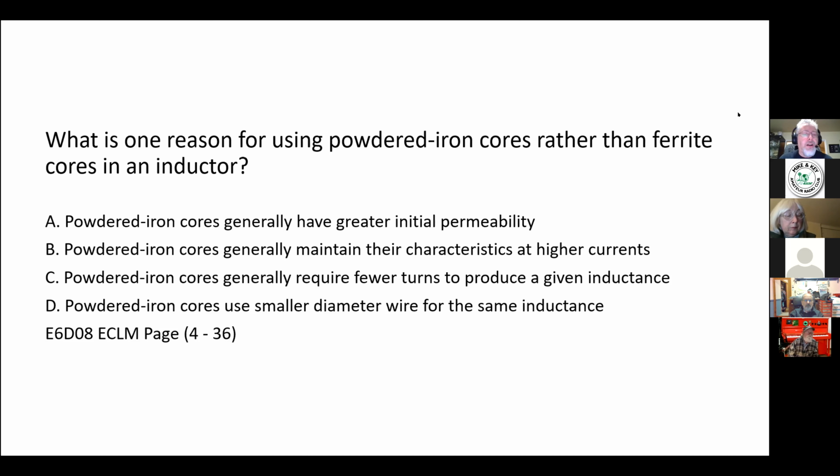C, powdered iron cores generally require fewer turns to produce a given inductance. Or D, powdered iron cores use smaller diameter wire for the same inductance. Bravo is correct. Powdered iron cores maintain their characteristics at higher currents.